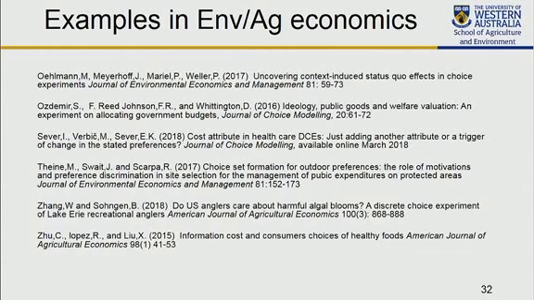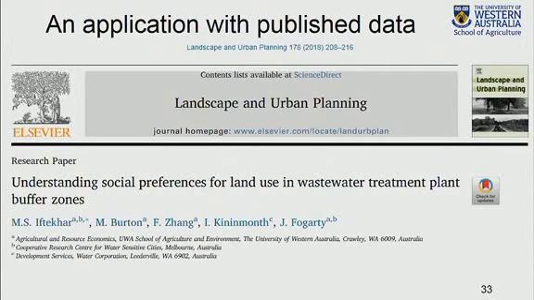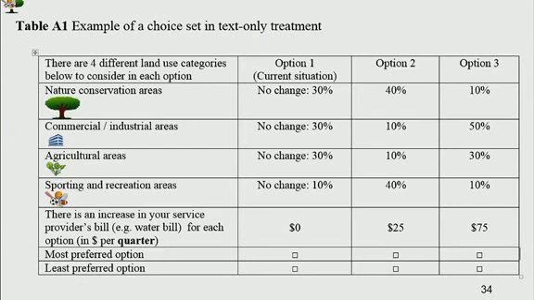Couldn't find any data sets, so I went and used this one. It's a deeply dodgy paper, which, possibly by accident, did it right. So this is a paper which is interested in the allocation of land around wastewater treatment plants, and you can choose what the composition is: nature conservation, commercial, agriculture, sporting and rec.